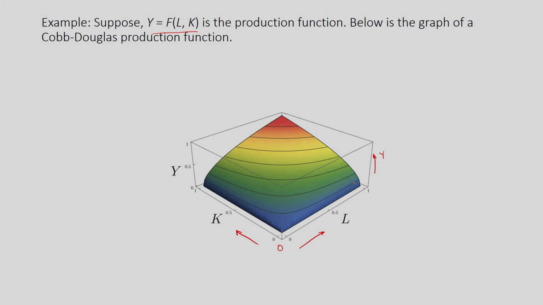So, you can see these lines here on the surface of the curve, and these lines are level curves. As you are going up, the color is changing from blue to red, which means that the output level is rising. So, greater and greater level of output as you are going to the shades of red.